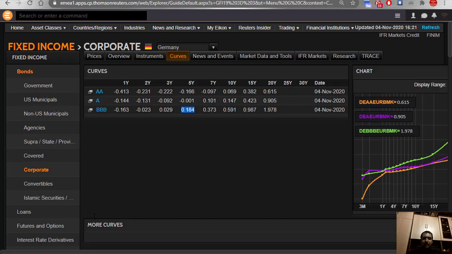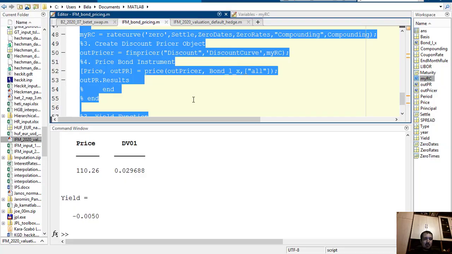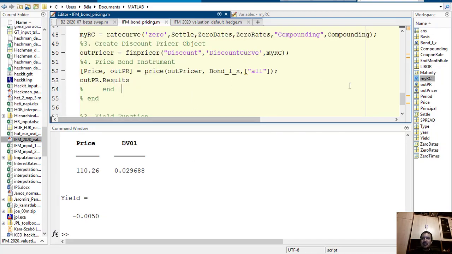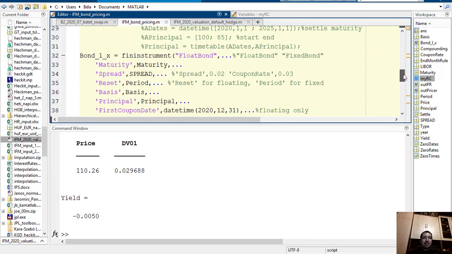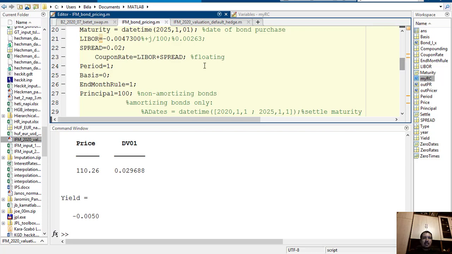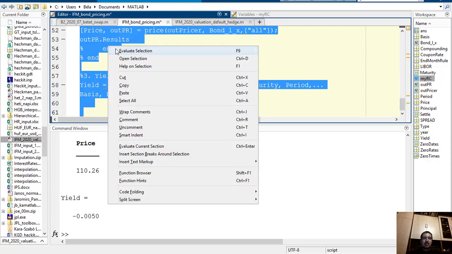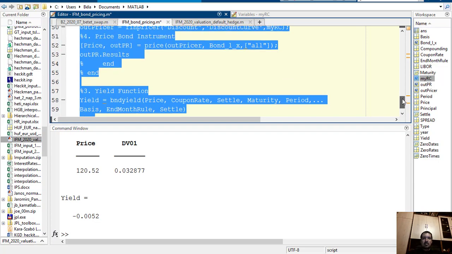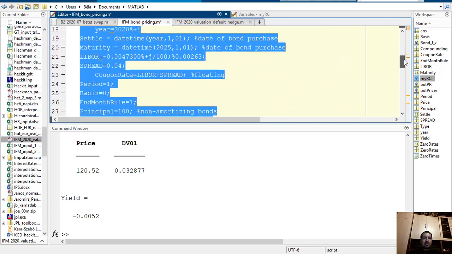So actually the company is supposed to have at least a single A rating to have a realistic yield here. Otherwise, we should increase the spread. So what is happening if we are increasing the spread here? 0.4. It's still not enough.